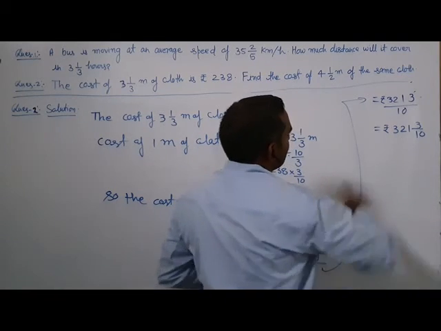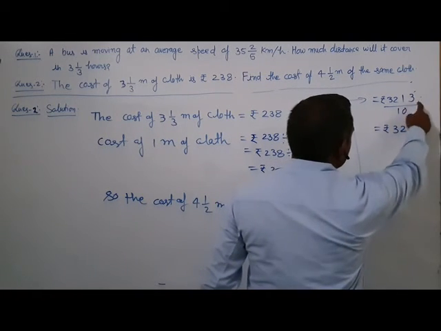Now you have to divide: 10 3s are 30, 10 2s are 20, 10 1s are 10.